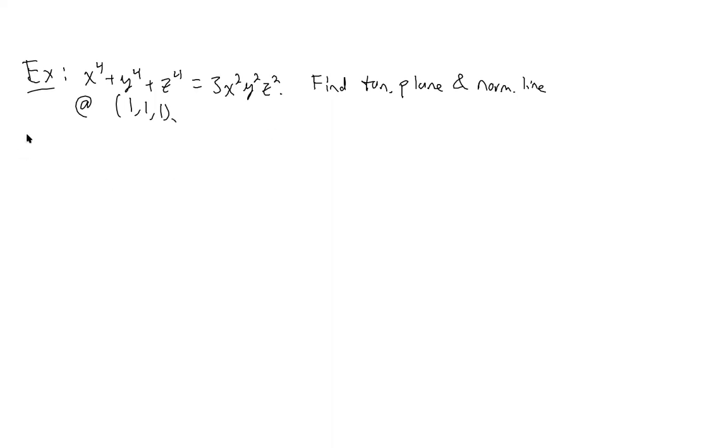Well, again, this comes down to understanding what we need. We need a point, which we've basically been given. That can just be the point 1, 1, 1. And we also need a normal slash direction vector. I can't spell the word direction, apparently.